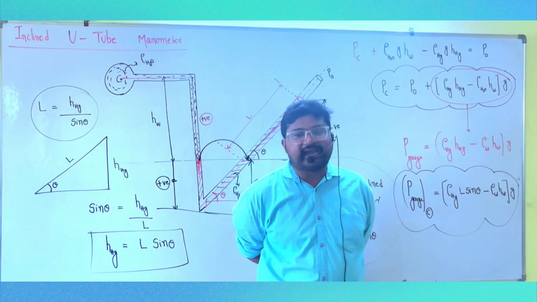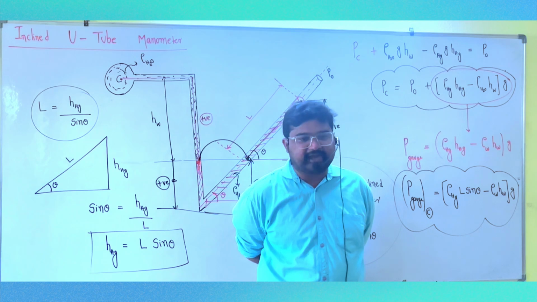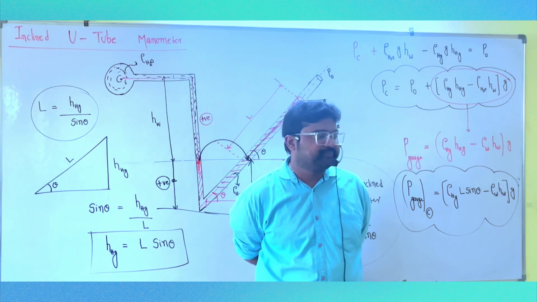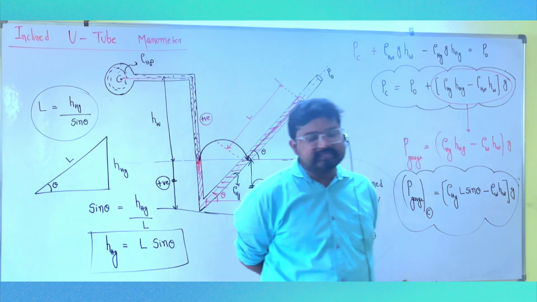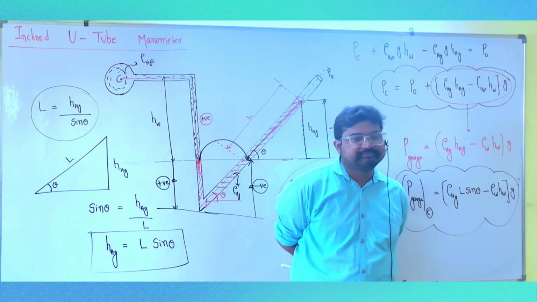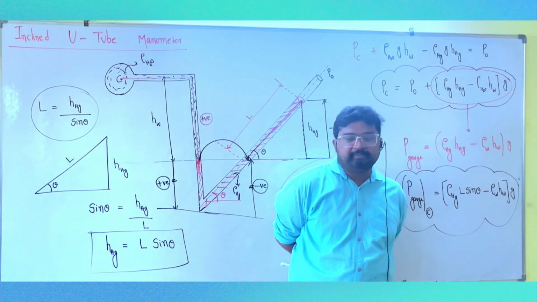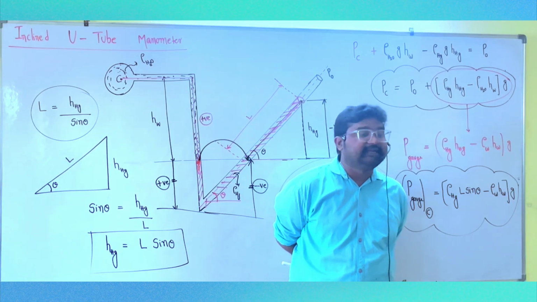That can't be identified when the limb is vertical.